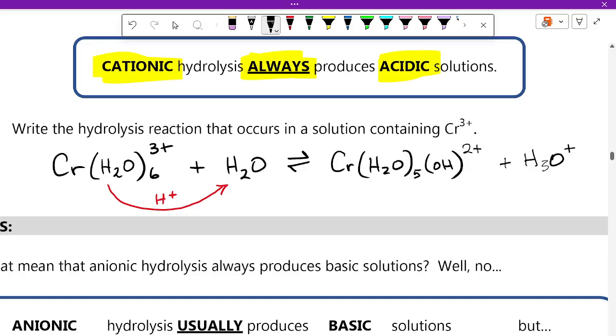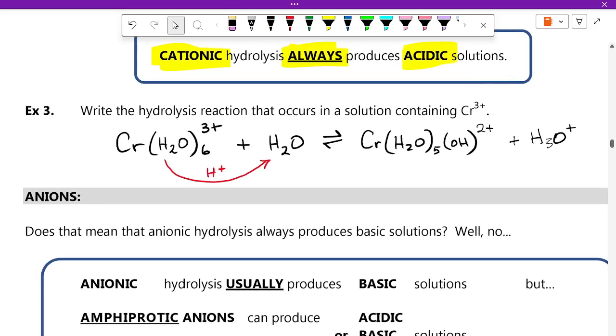Is that what you guys got? Excellent. Okay. So we've dealt with cationic hydrolysis because there's really only those four. What are the four? Fe, Al, Cr, and ammonium. Okay?